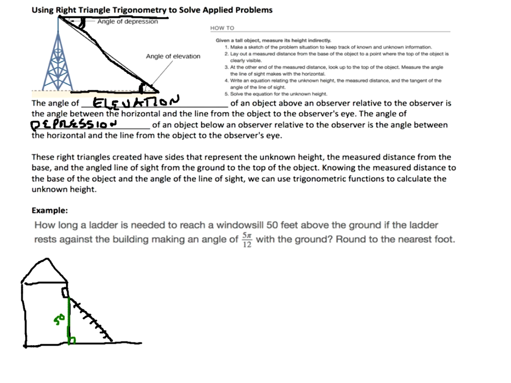And it rests against the building, making an angle, and they really should have said an angle of elevation of 5 pi over 12. So this angle down here is 5 pi over 12.